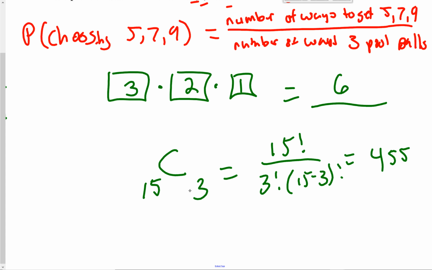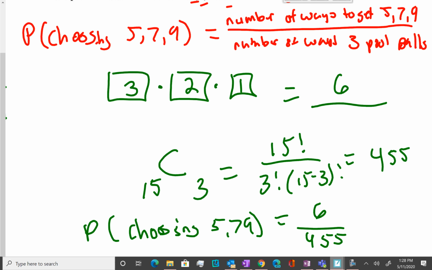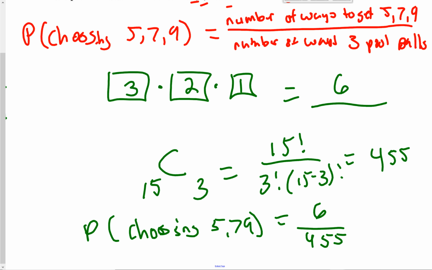So now I have my probability of choosing 5, 7, and 9: 6 ways to get 5, 7, and 9, and 455 ways to get 3 different pool balls from 1 to 15. And so that's our probability. You can leave it like that. If you want to, you can leave it as a fraction, a decimal, or a percentage.